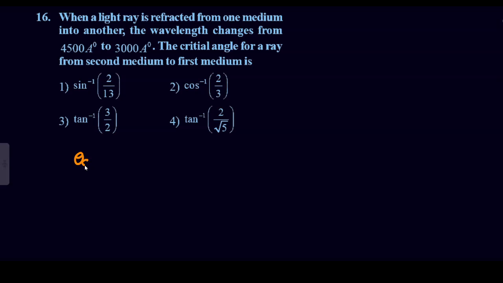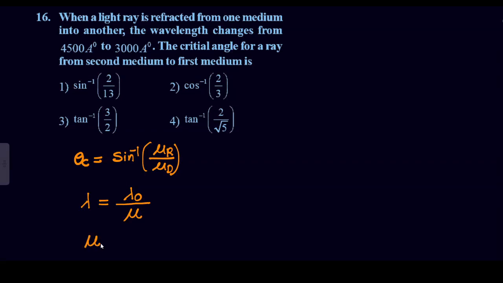Critical angle formula is sine inverse of mu r by mu d. And wavelength in any medium is given as what? Wavelength in air divided by refractive index. If the medium is denser, wavelength is low. Rarer medium, wavelength is high.